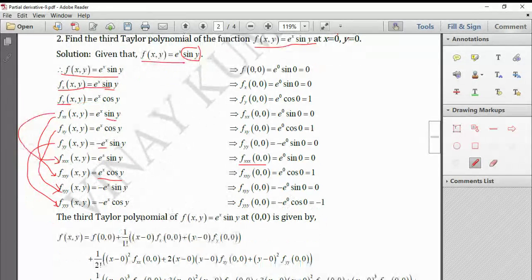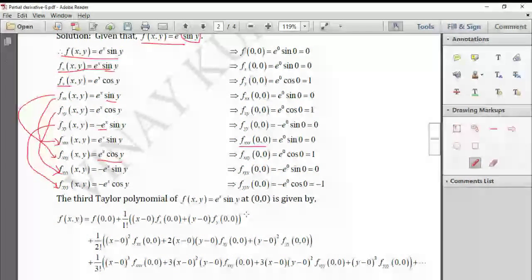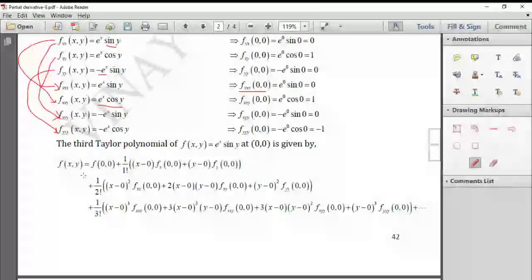Now, what is the Taylor polynomial of f of xy at 0, 0? It is given by f of xy is equal to f of 0, 0 plus 1 by 1 factorial into x minus a, that is x minus 0, into fx at 0, 0 plus y minus b, that is y minus 0, into fy at 0, 0 plus 1 by 2 factorial into x minus 0 whole square fxx at 0, 0 plus twice x minus 0 into y minus 0 fxy at 0, 0 plus y minus 0 whole square fyy at 0, 0.